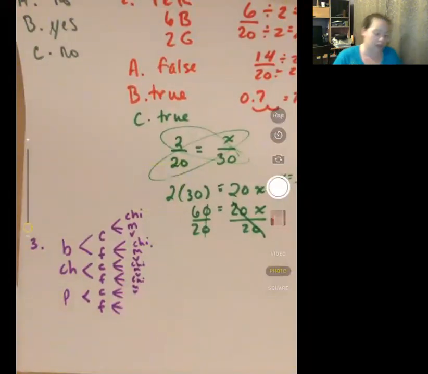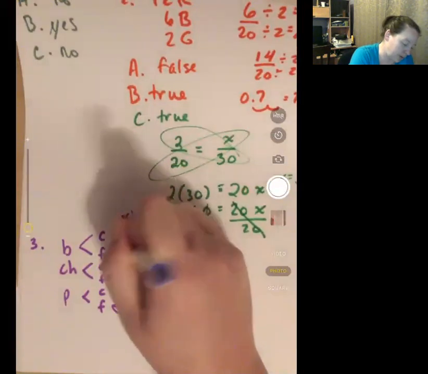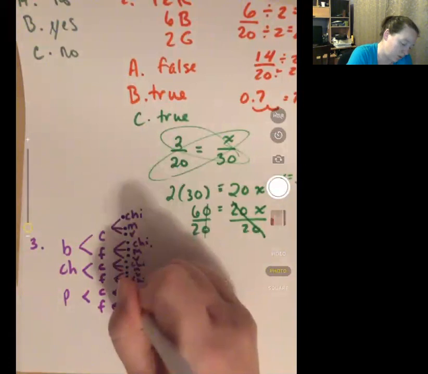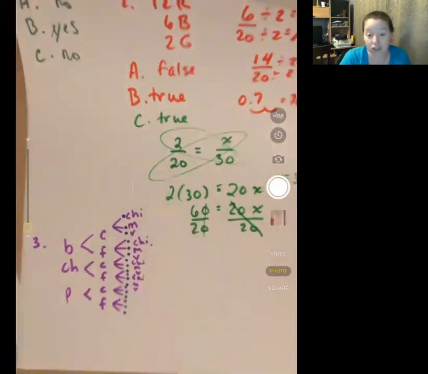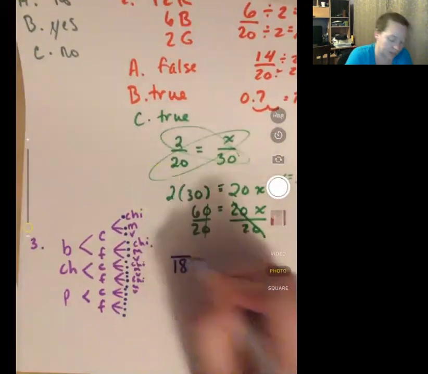Okay, so all that's really necessary to know is these endpoints. So I have 1, 2, 3, 4, 5, 6, 7, 8, 9, 10, 11, 12, 13, 14, 15, 16, 17, 18. That's all that I need to know. I have 18 possibilities.